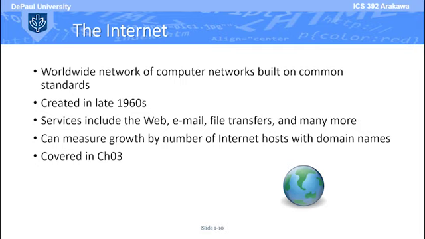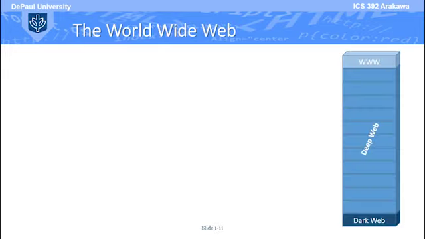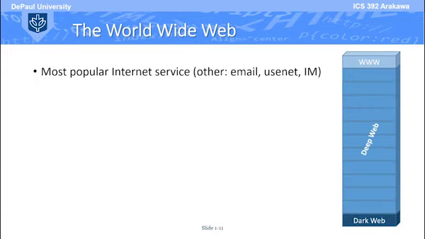The most important part of the Internet for business is the World Wide Web. So let's talk briefly about that. This is the most popular and widely used portion of the Internet. It was developed in the 1990s by Tim Berners-Lee at the CERN laboratory in Europe.